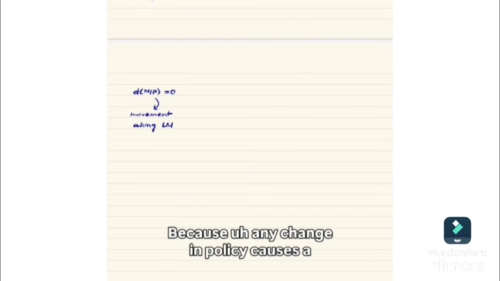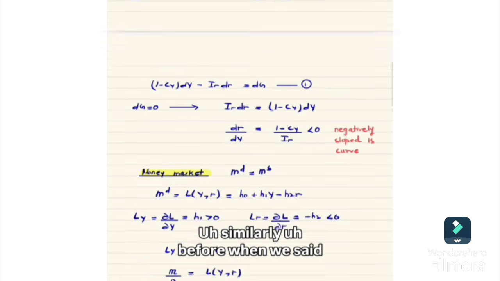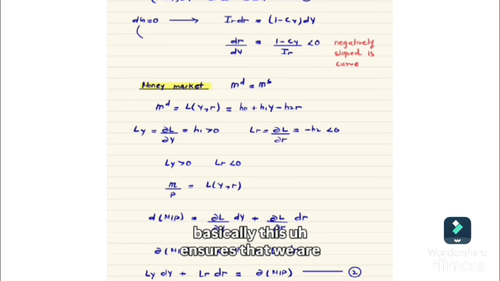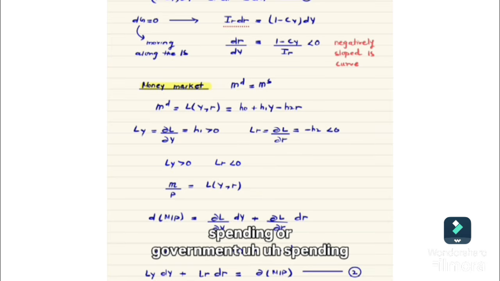Similarly, before, when we said there's no change in government spending, this ensures that we are moving along the IS, because any change in government spending policy will actually shift the curve.